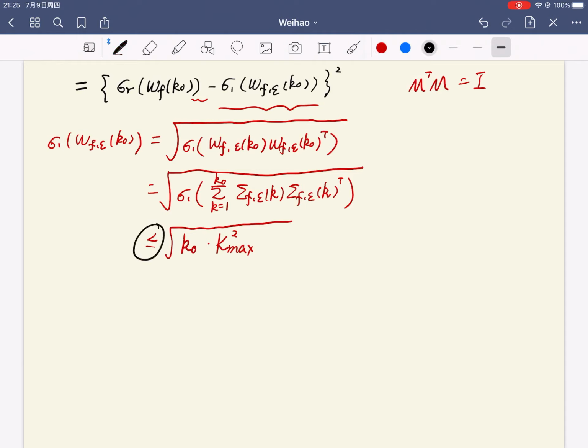In the inequality here, we use that the largest singular value is less or equal to kappa max, which is our assumption.